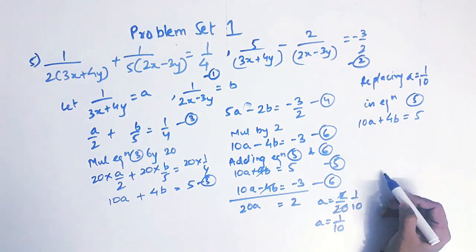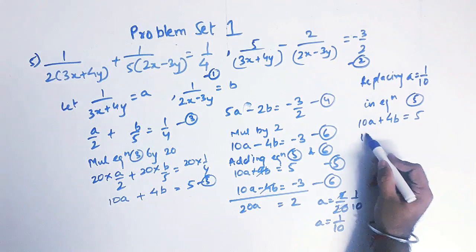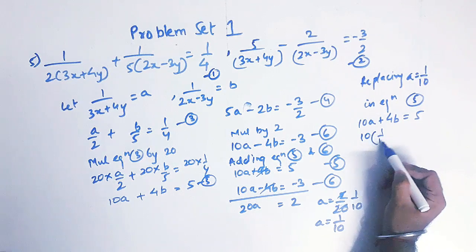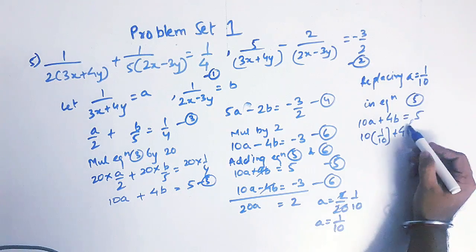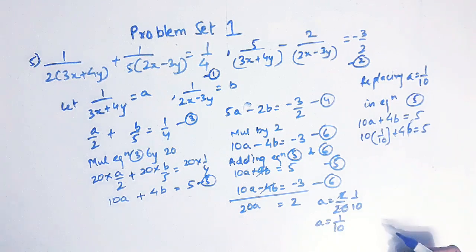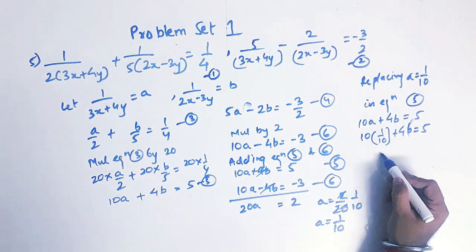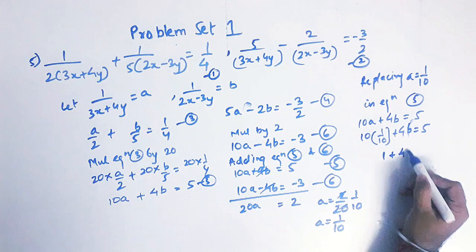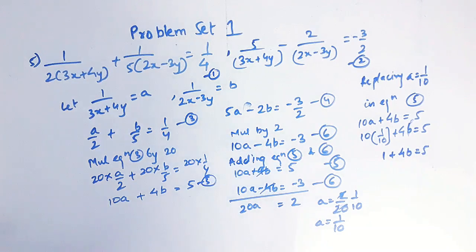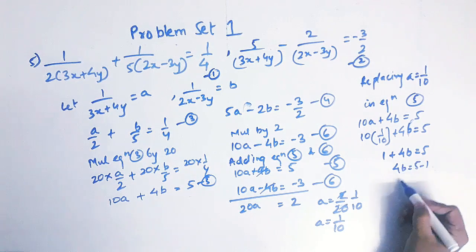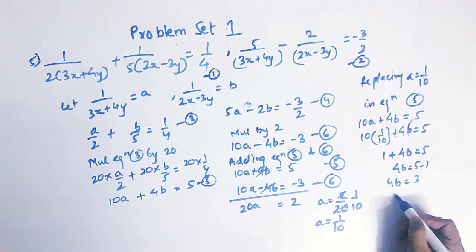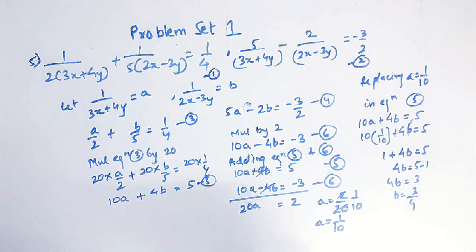Now 10a is 10 times 1 upon 10, plus 4b, b we have to find, equals 5. 10 gets cancelled, so 1 remains, 4b equals 5 minus 1, 4b equals 3, b is 3 by 4.